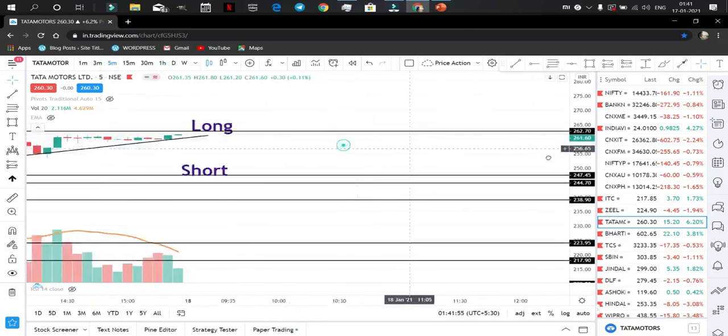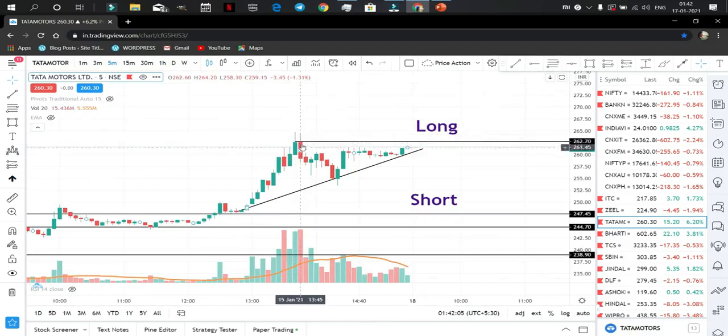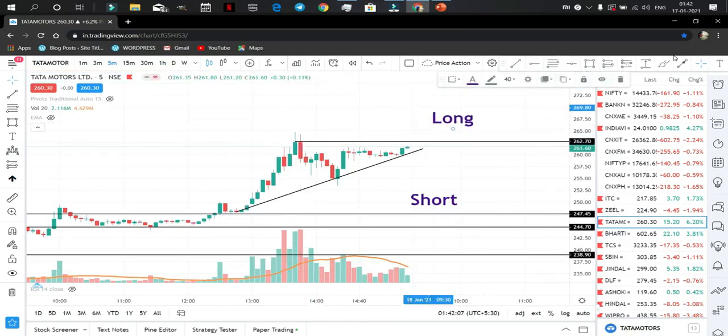Now this acts as a resistance for Tata Motors, and if the stock gives a breakout at this region along with high volume, then I'll be interested in taking a long trade in Tata Motors. But I will not prefer to take a short trade in Tata Motors because the momentum has been really positive in it, and I'll only look for long opportunities in Tata Motors.